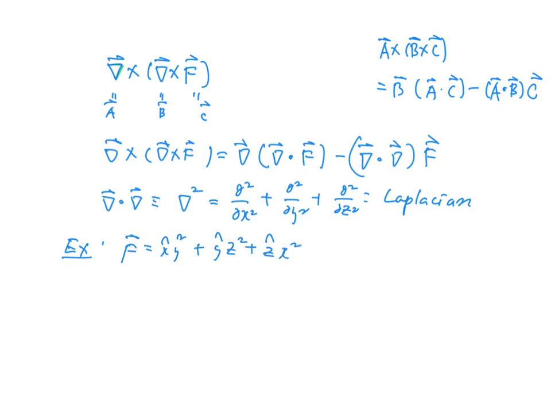Let me see. The interesting thing is the divergence of f. In this case, what is divergence? Partial fx over partial x, partial fy over partial y, partial fz over partial z, is equal to 0.